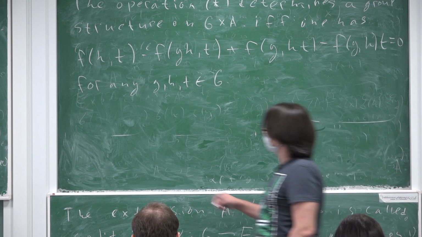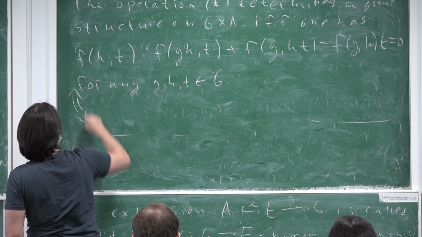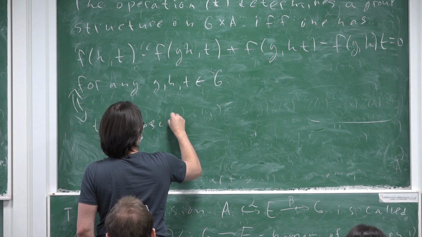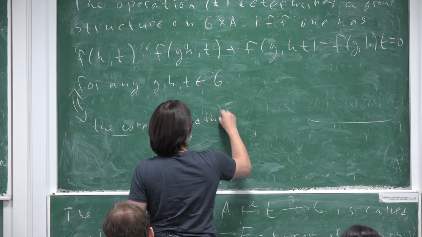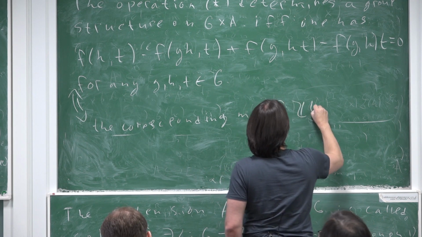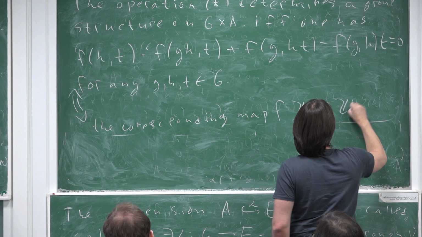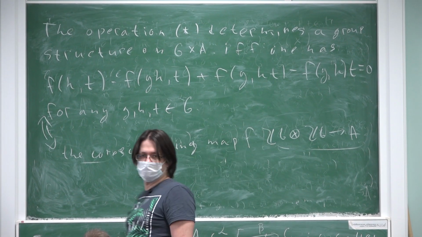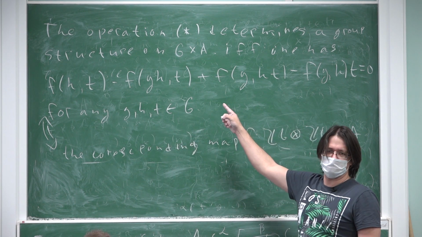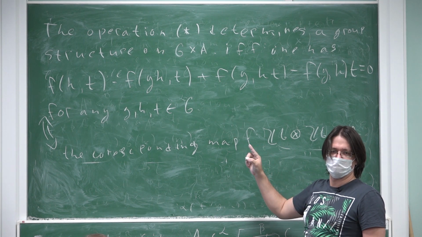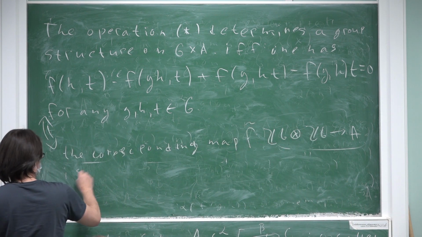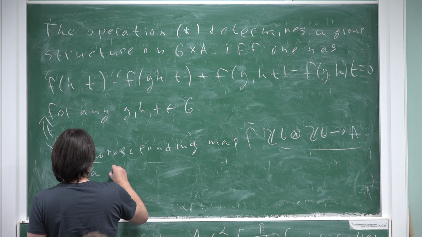So if and only if the corresponding map, let's call it F tilde, from ZG tensor ZG to A. This map is induced by F. F tilde is a two-cocycle.